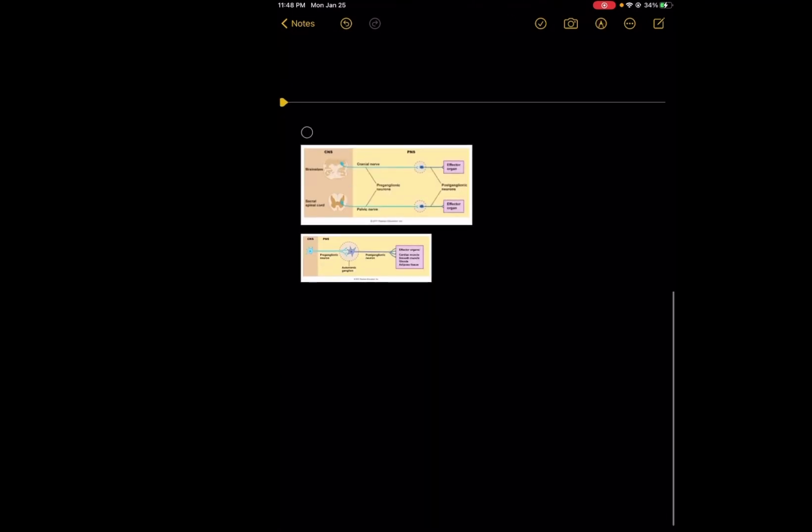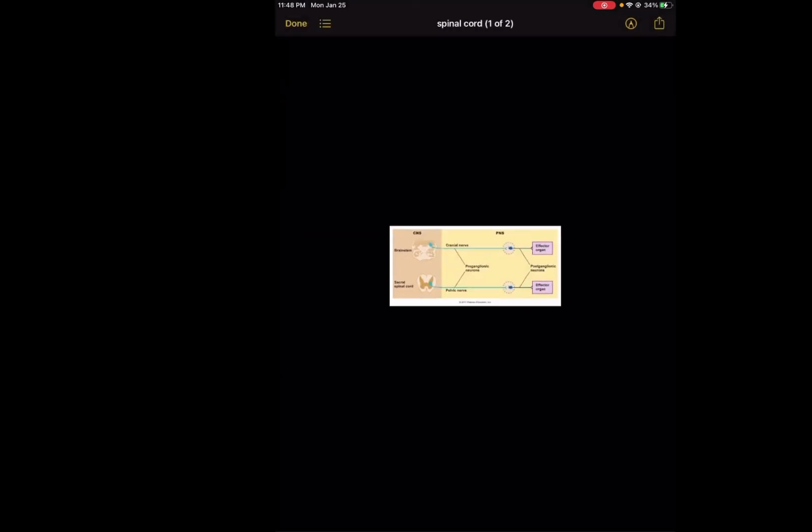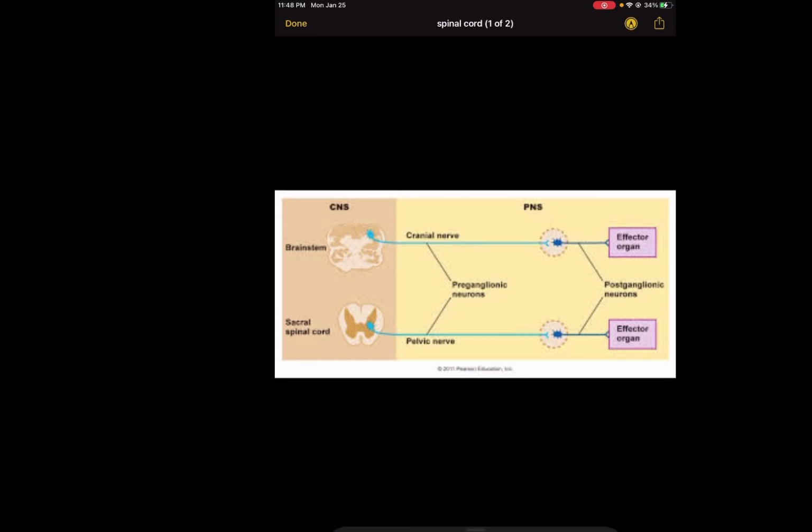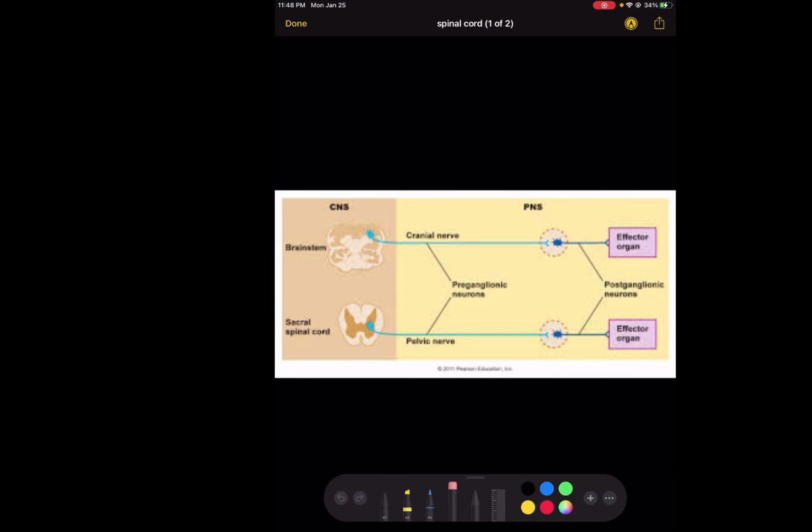In this picture, they have shown the brain stem, cranial nerve, and this is the peripheral nervous system, and this is the CNS.